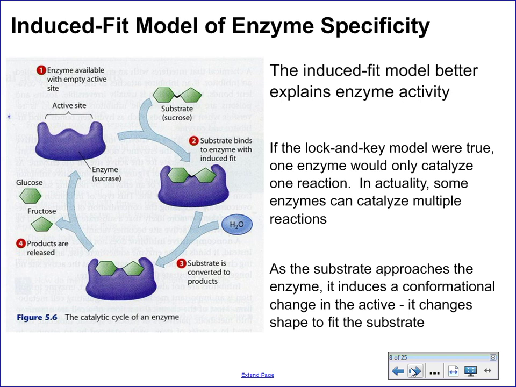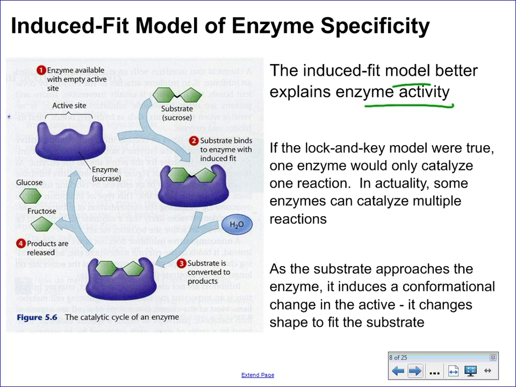The lock and key model is a good model to explain enzyme specificity, but it doesn't take into account how enzymes might be able to bind multiple substrates. So here we have the induced fit model for enzyme specificity, and the induced fit model better explains enzyme activity.